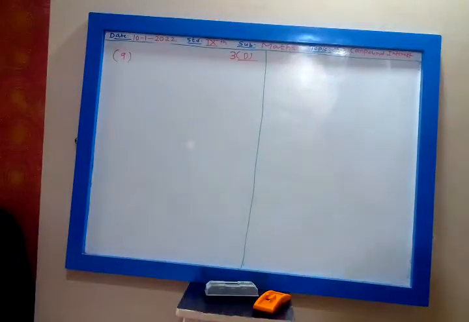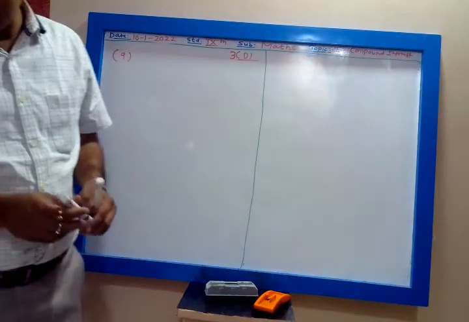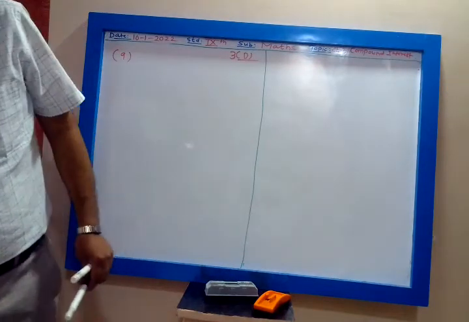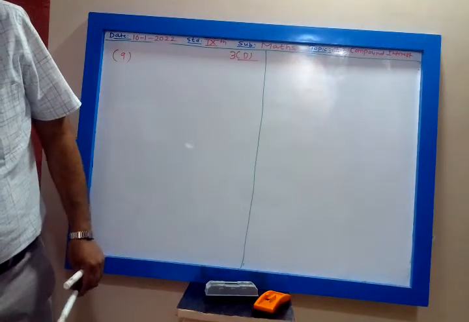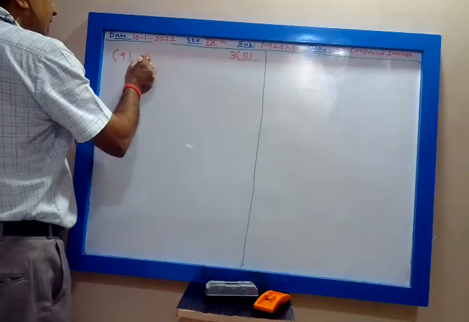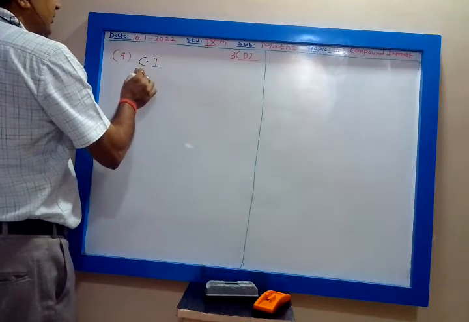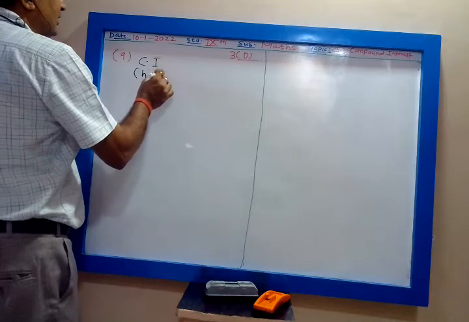Compound interest payable half yearly, and the simple interest on a certain sum of money. Below that we write half yearly.